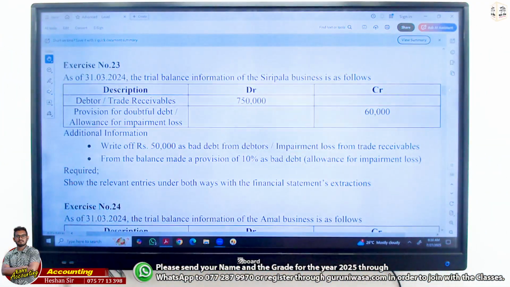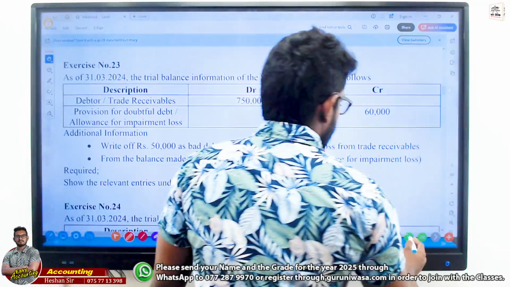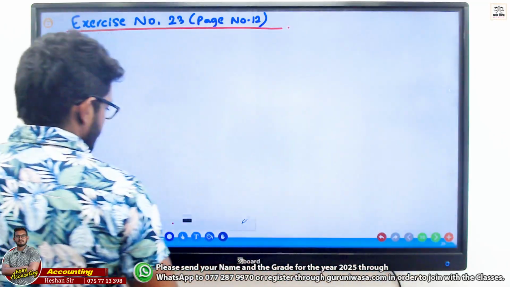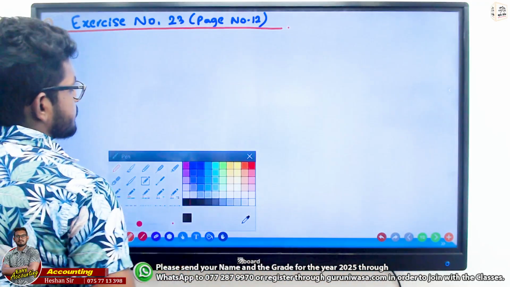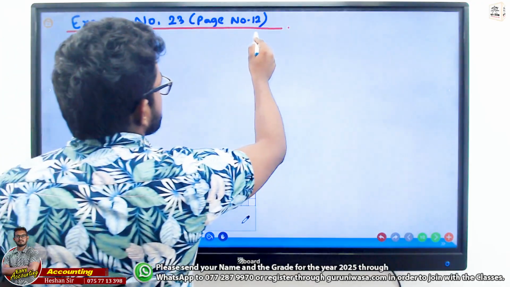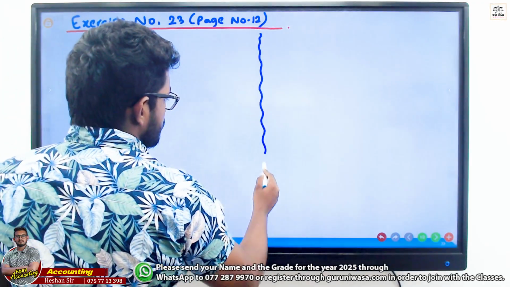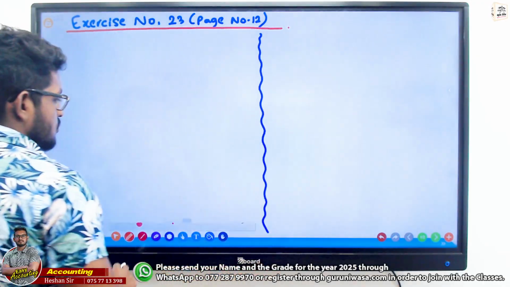Let's prepare it under both methods. I'll first prepare both accounts, then go to the extractions.